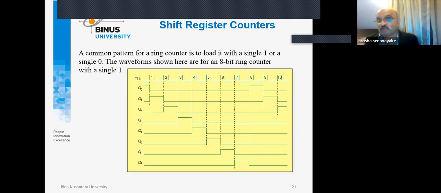I hope you will do this in a practical class so that you will understand precisely how this ring counter works. For an 8-bit ring counter with a single 1, you can see how it occurs.